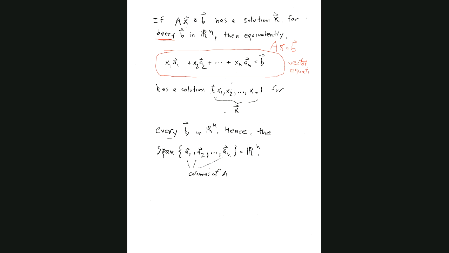And in this case, it's going to be very helpful, because now we're saying that this vector equation, x1 times a1 plus x2 times a2 plus dot dot dot plus xn times an equals b, has a solution for every vector b in Rn.